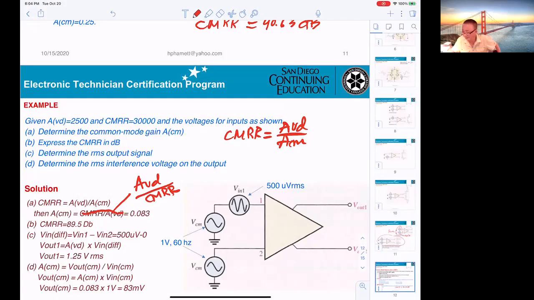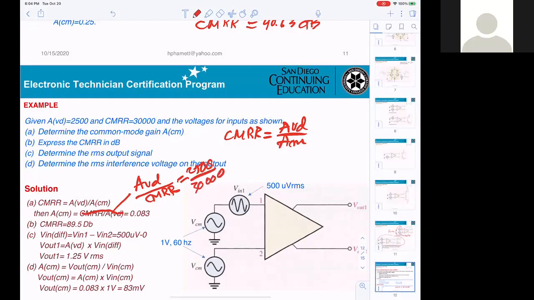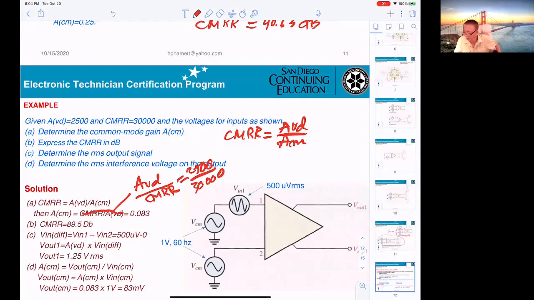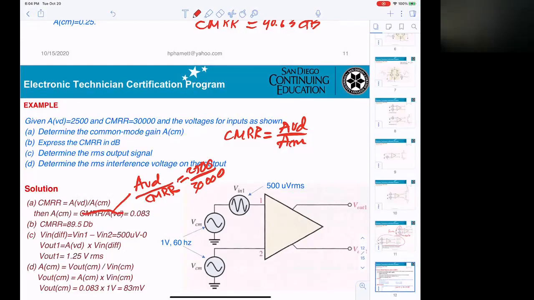That means 2,500 divided by 30,000. That's why you get 0.083. You get that?